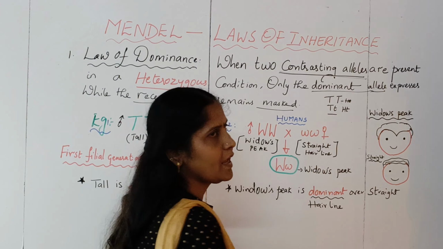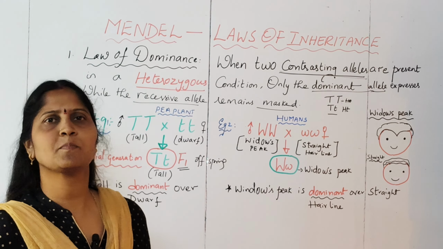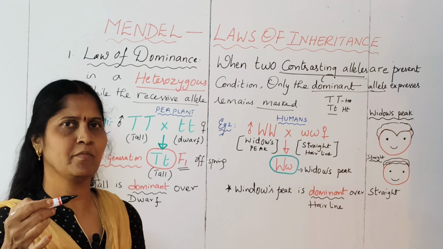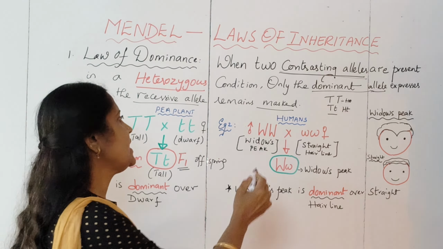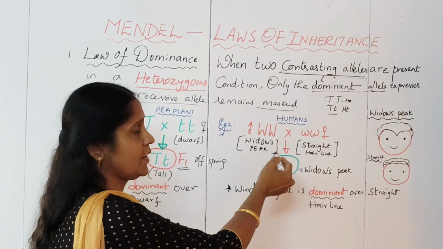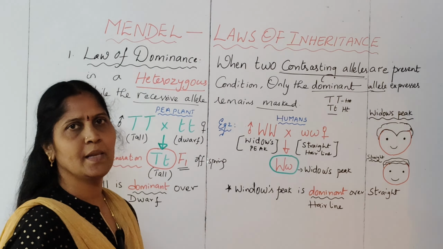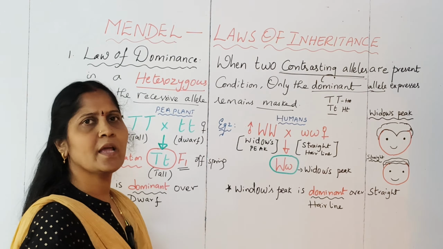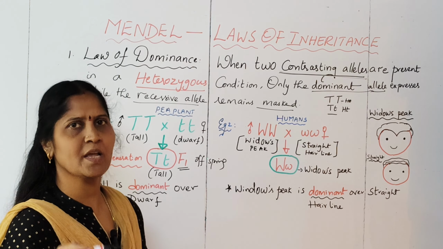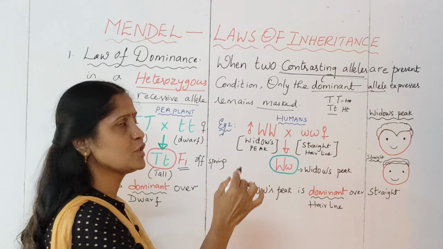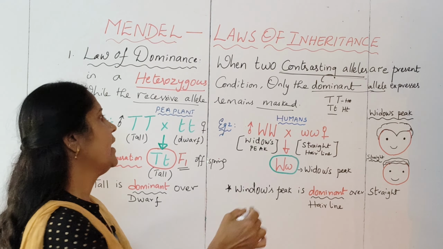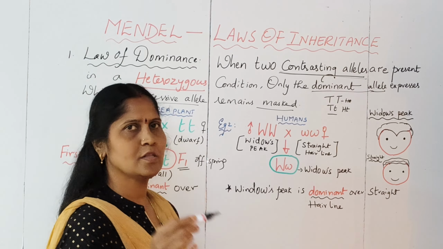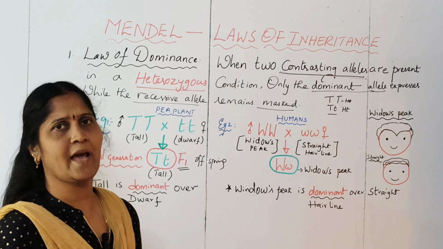One more is the straight hairline. These are the two different types of hairlines we can inherit. These are controlled by the alleles capital W and small w. Suppose one of the parents is homozygous for the widow's peak character, and the other parent is homozygous for the straight line character.